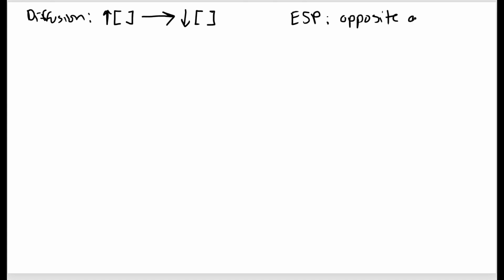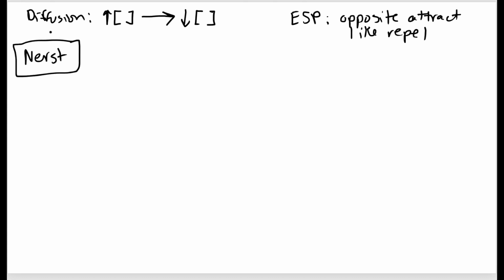Opposite charges attract, and like repel. Right? And then we can use the Nernst equation, which considers both diffusion and electrostatic pressure to provide us with an equilibrium potential for an individual ion.